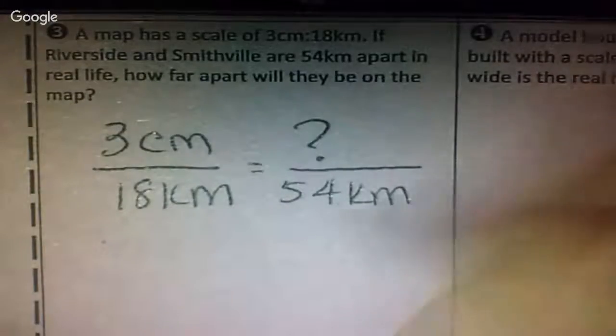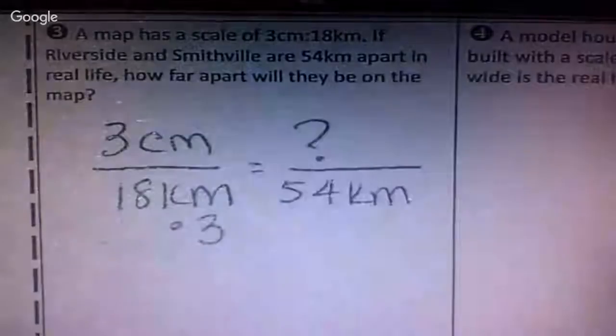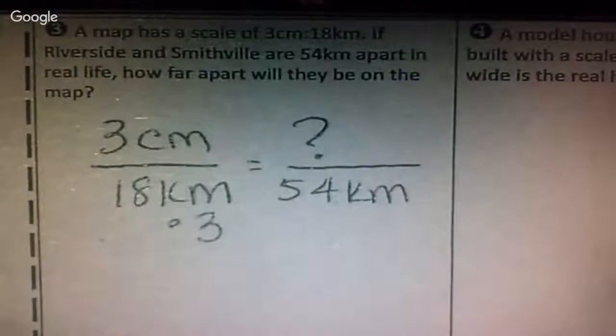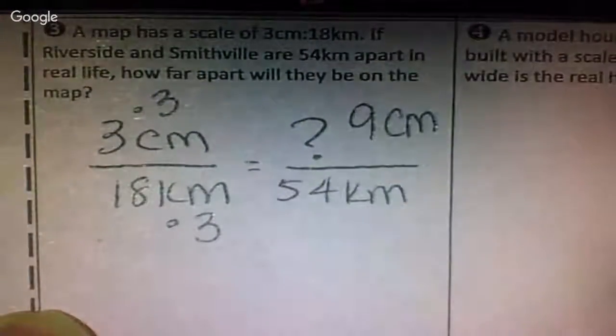3. So I would multiply 18 by 3 to get 54. What I do to the bottom, I also have to do to the top, which makes this piece 9 centimeters.